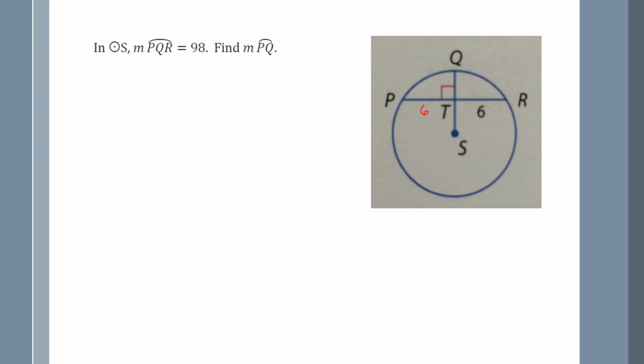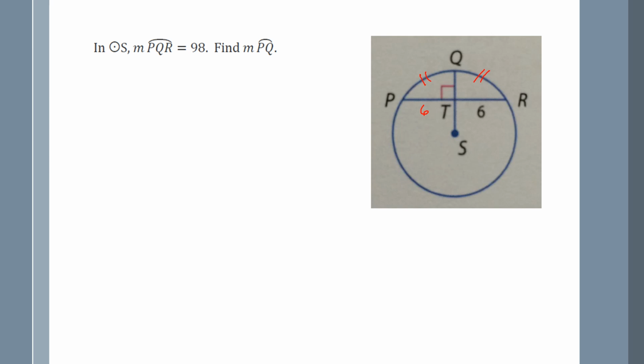That means it is bisecting these two pieces. And since it's bisecting these, then these two are congruent, which means they're each half. It cuts this big arc in half.